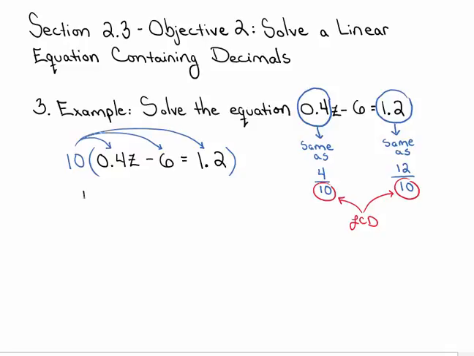10 times 0.4z is going to just give me 4z. 10 times 6 is going to give me 60, and 10 times 1.2 is going to give me 12. And now we're going to isolate the variable term by adding 60 to both sides of the equation.